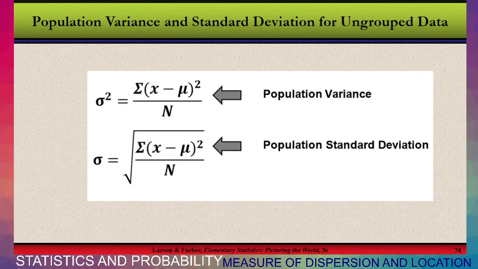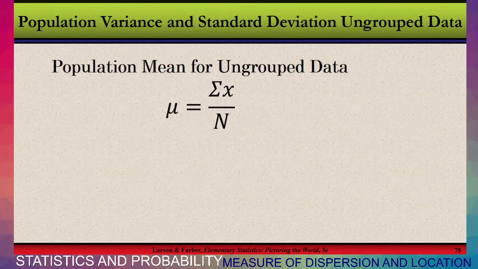Sorry, may nabanggit akong grouped data, but ungrouped data yung sinasabi ko. So, population mean for ungrouped data is mu is equals to summation of x over N. Yun yung gagamitin natin for computing the population mean for ungrouped data to get the second column of the frequency distribution table natin na tinatawag. Or yun yung table natin for computing the population variance and standard deviation for ungrouped data. Okay?